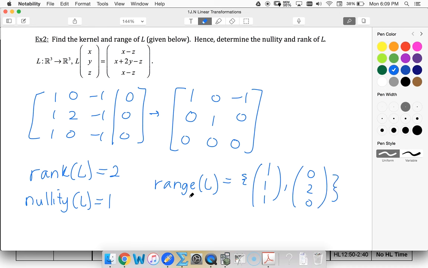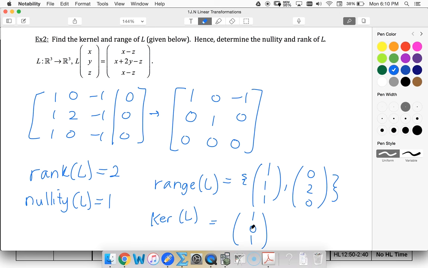My kernel is going to be the null space. And so I see that I've got one free variable here, which is my third variable. So I could look at this as some value of t. So I would have 1, 0, 1, because in this row, I could say that x is equal to z, for example.